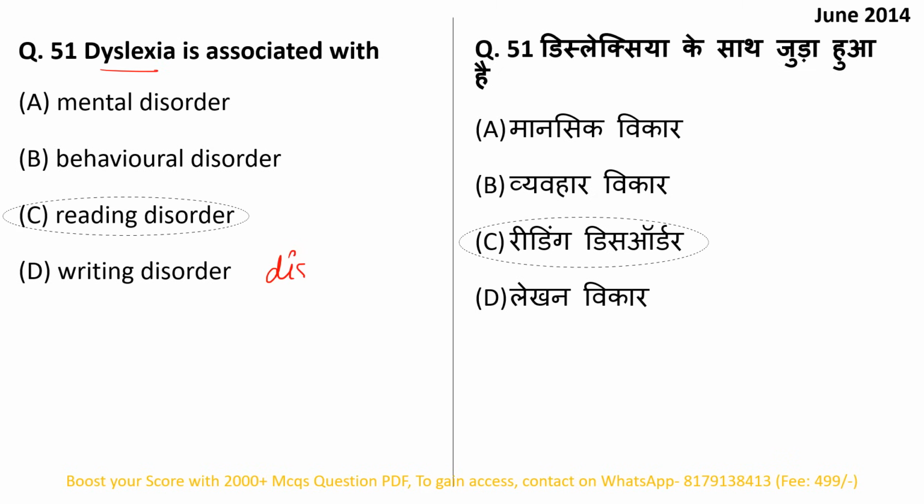It is called dysgraphia. And there is also a disorder dyscalculia, when students have difficulty doing mathematical calculations. So dyslexia is reading, dysgraphia is writing, and dyscalculia is related to mathematics.